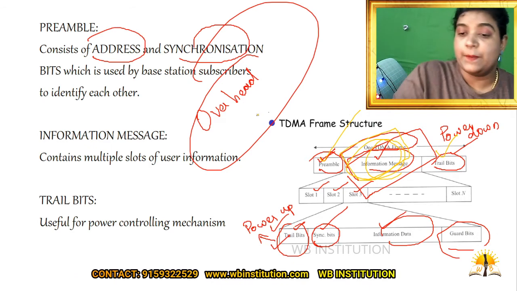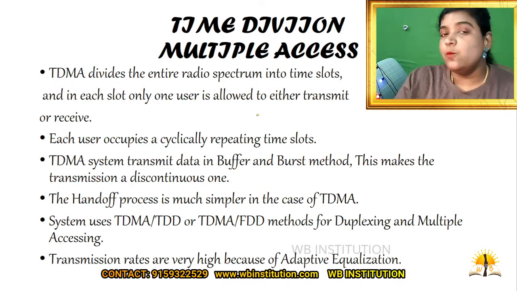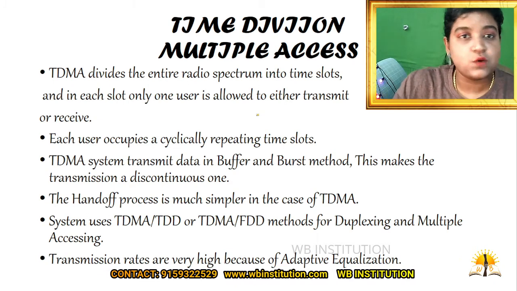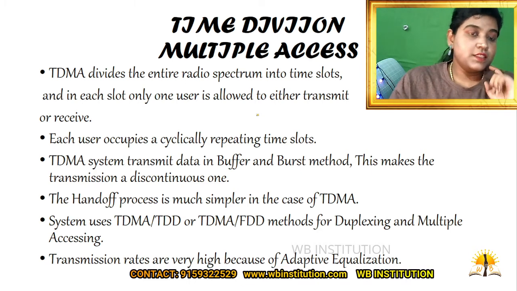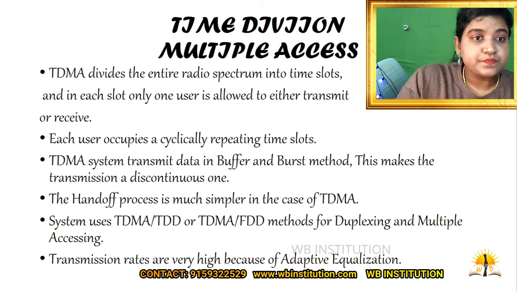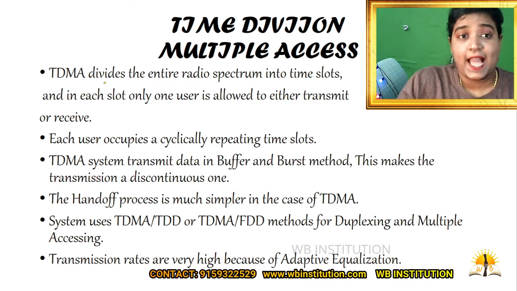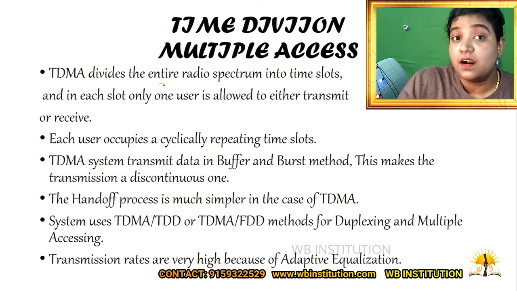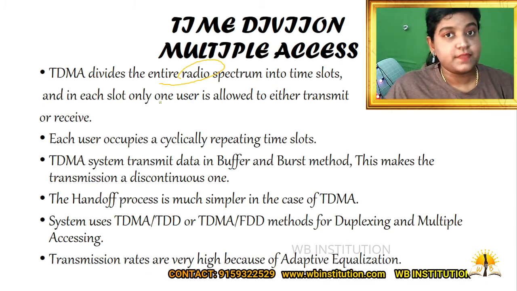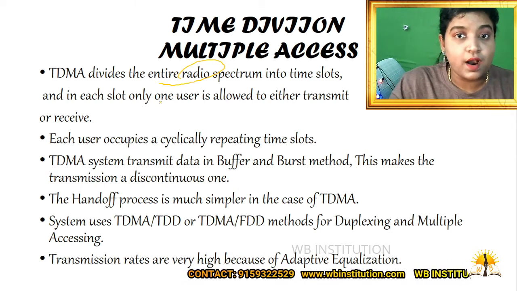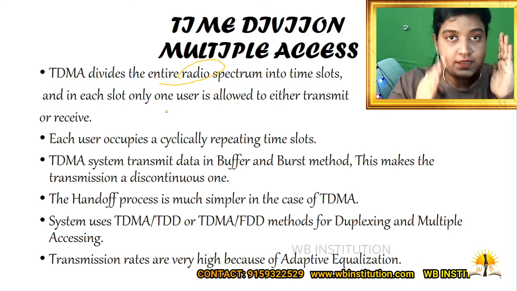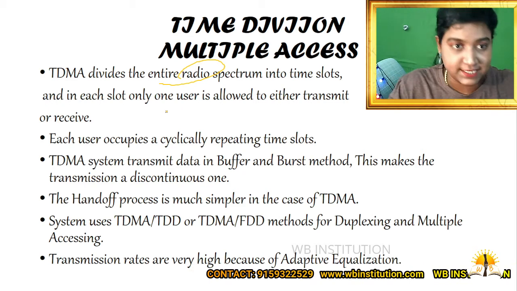Clear? Okay, now we will discuss some of the features of this time division multiple access. Okay, the first point explains that time division multiple access divides the entire radio spectrum, that is the entire frequency, into separate individual time slots.